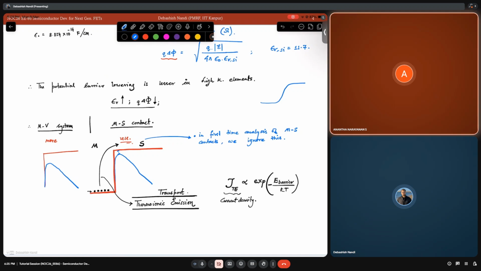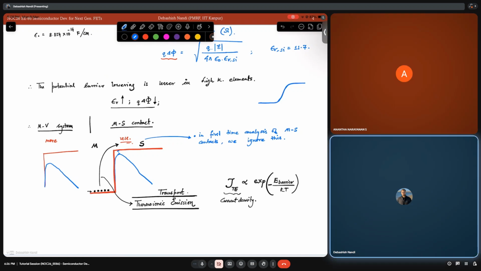Sir, why would it have to be exponential? In PN junction, you remember how we compute that. Let's say this is my EF, this is my P side, this is my N side.